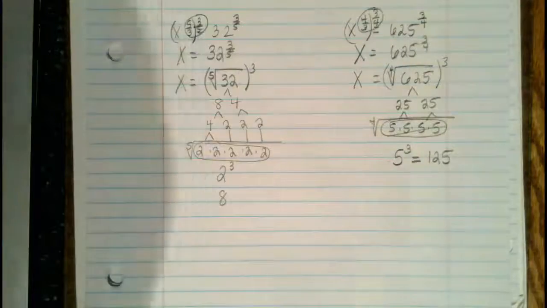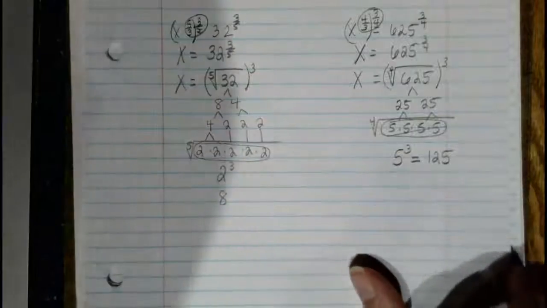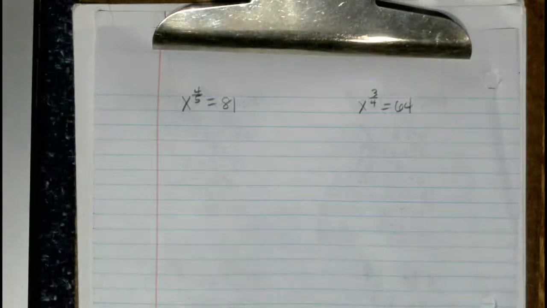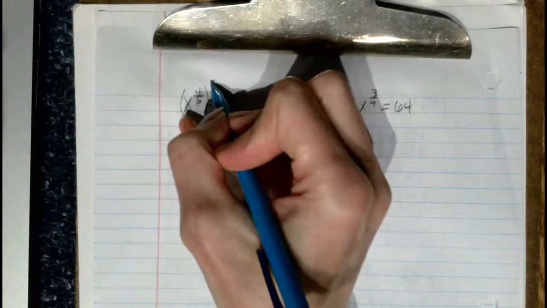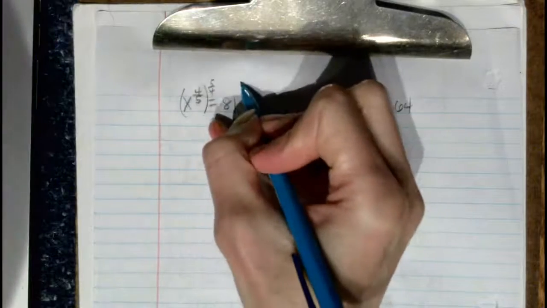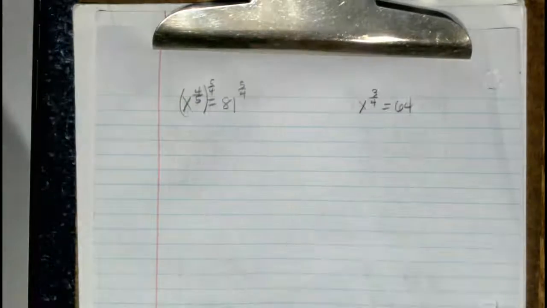X to the 4/5 equals 81. And the other problem is x to the 3/4 equals 64. And like we were doing previously, we're going to raise this to the 5/4, raise this to the 5/4.